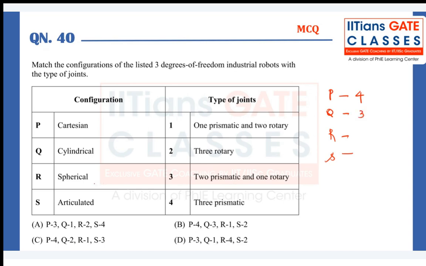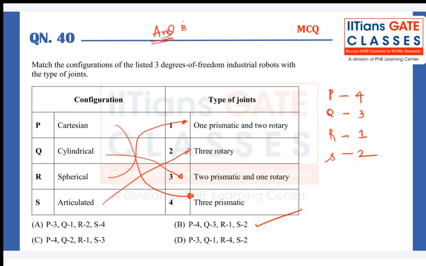Now spherical is produced with one prismatic and two rotary, so R is 1. Now here P4, Q3, R1. So S is articulated, obviously three rotary joints, so it is going to be 2. So your answer is B.